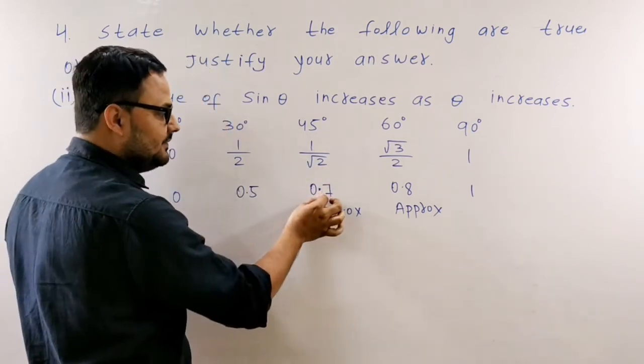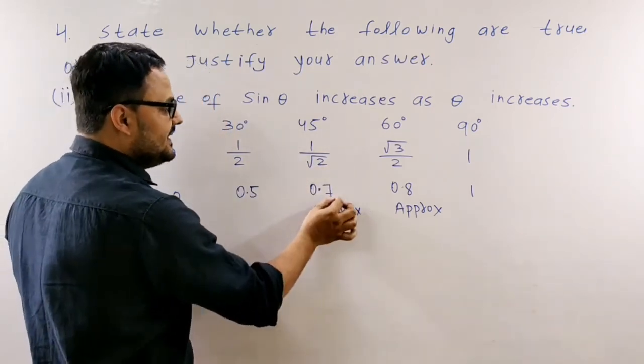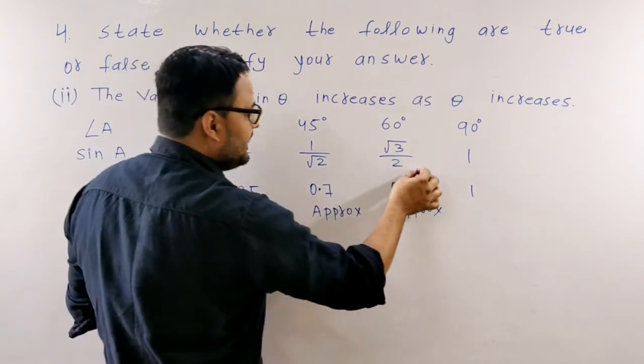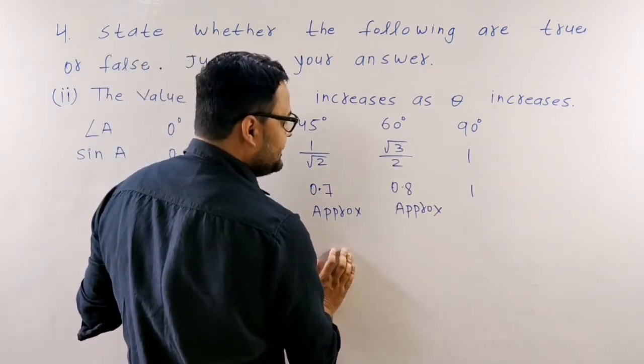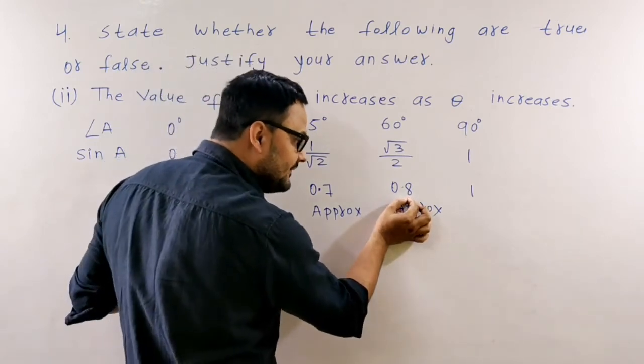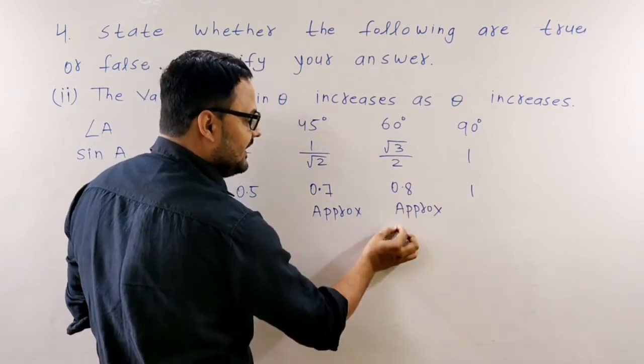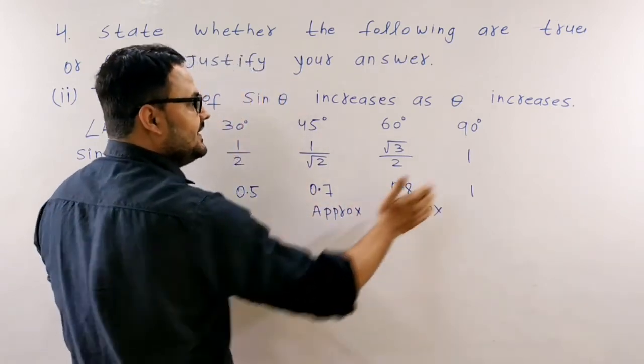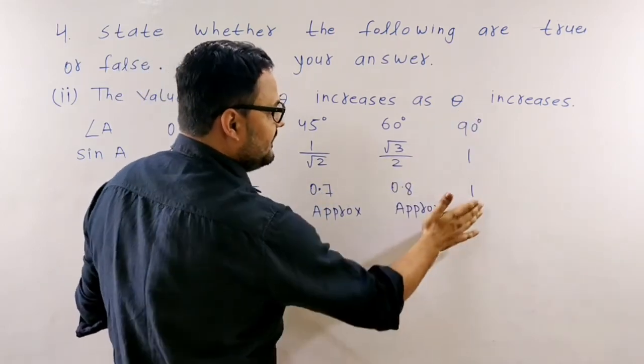Root 3 by 2 we get 0.8 approx. And sin 90 is simply 1.